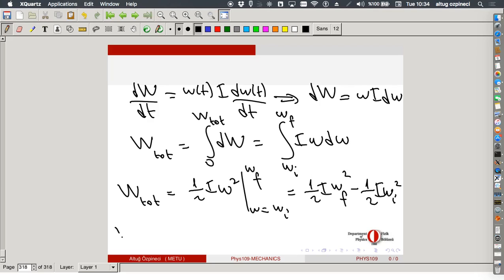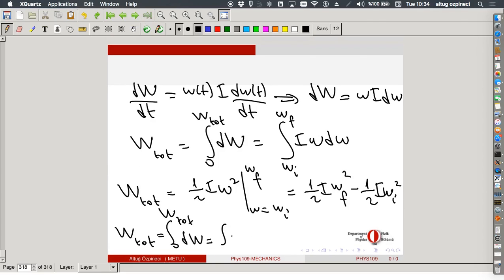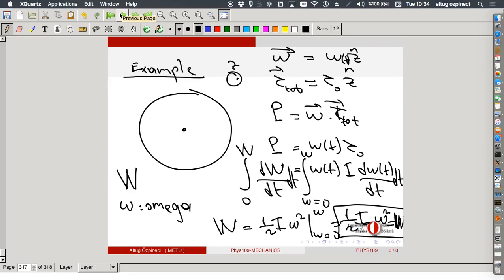Well, on the other hand, W total is the integral from 0 to W total of dW. We also know that power is omega times tau 0, and power is dW by dt.